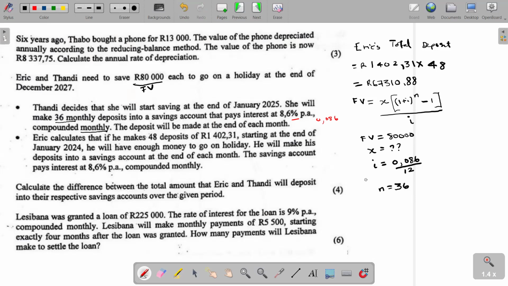So let us calculate the monthly deposit. It means we are going to have 80,000 being equated to X, which we do not know.